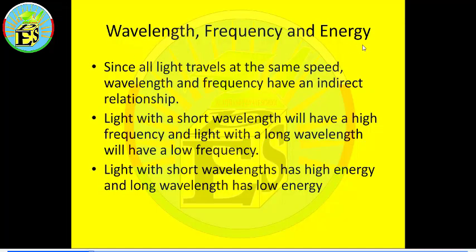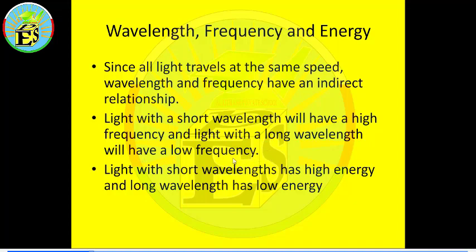Wavelength, frequency and energy. What is the relation between wavelength, frequency and energy? Since all light travels at the same speed, wavelength and frequency have an inverse relationship. Light with a short wavelength has a high frequency, and light with a long wavelength has a low frequency.